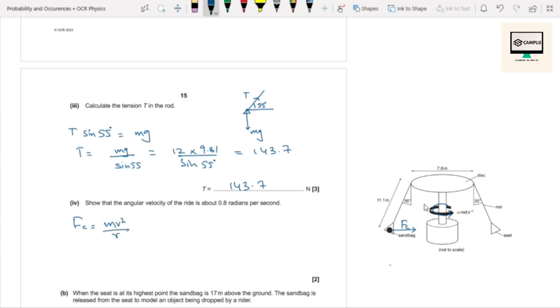And since we're talking about the angular velocity here, we know the relation between angular velocity and linear velocity, v equals r omega. So this turns out as m r omega squared.